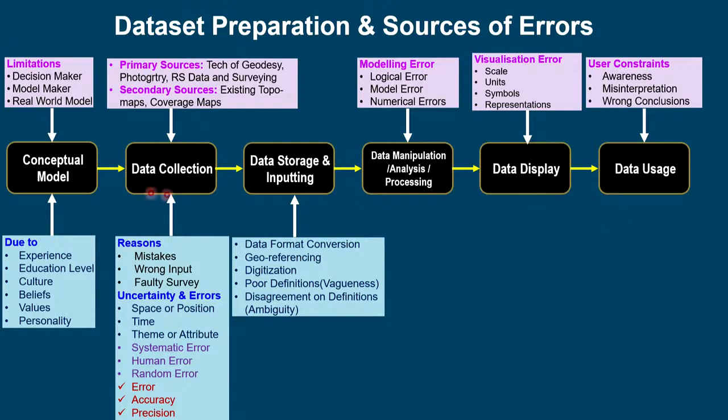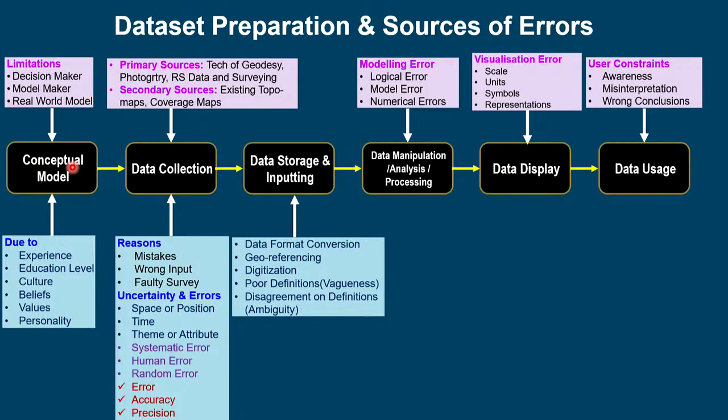So the first step is the conceptualization, conceptual models. Suppose you want to handle an agricultural problem, so you want to generate a GIS database for the agriculture domain. First of all you need to conceptualize a perfect model for agriculture.